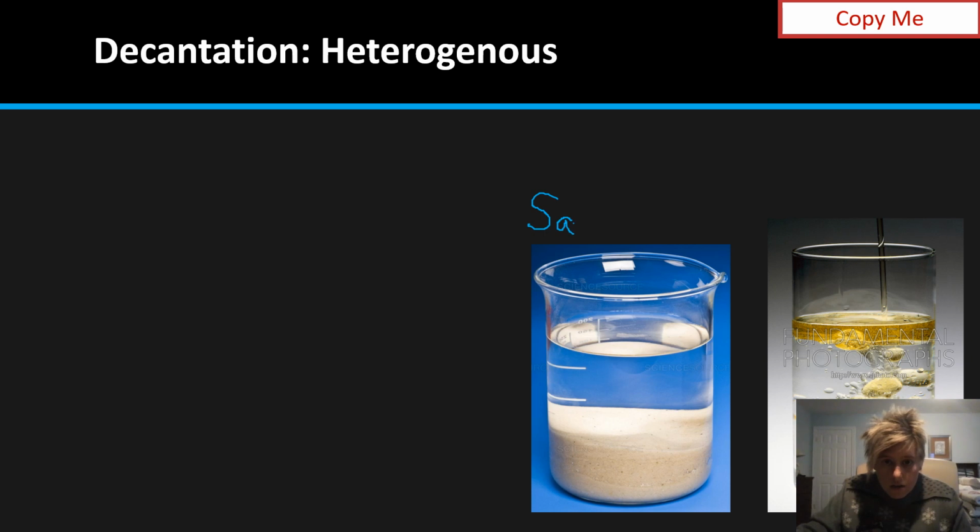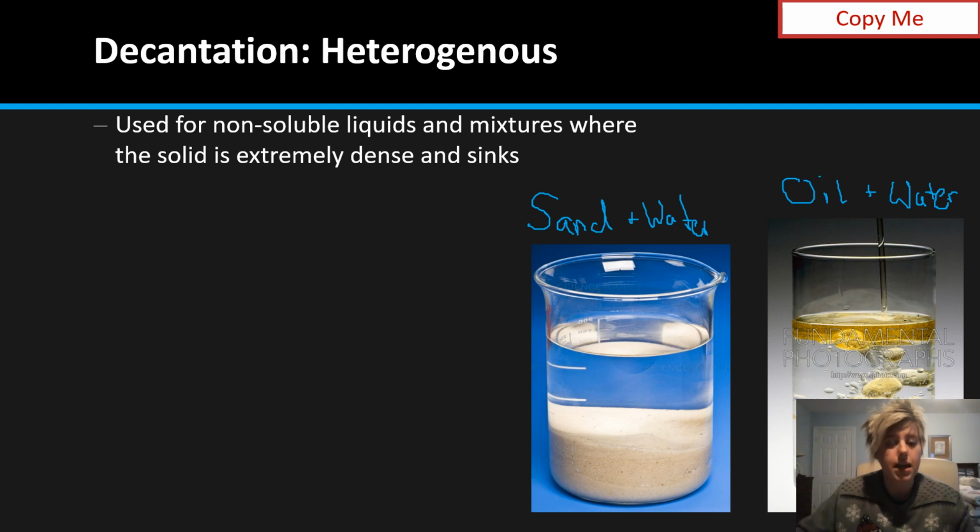Sand plus water. And here I have, again, 2 phases, but in this case they're both liquid, and it's oil and water. So decantation is used for non-soluble liquids and mixtures where the solid is extremely dense and it sinks.